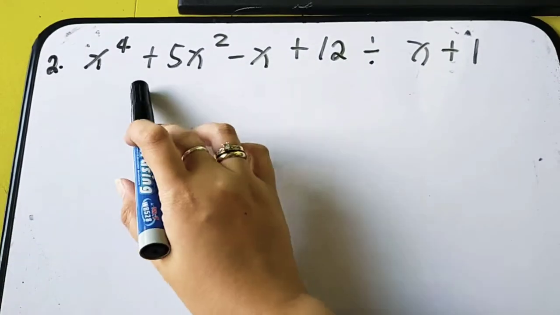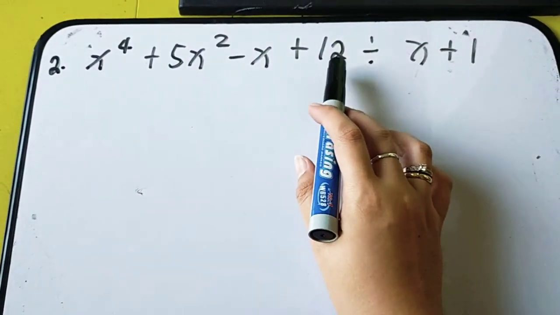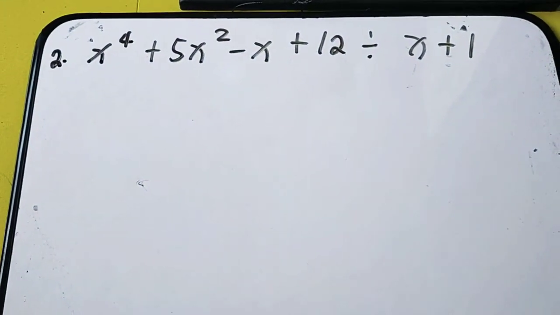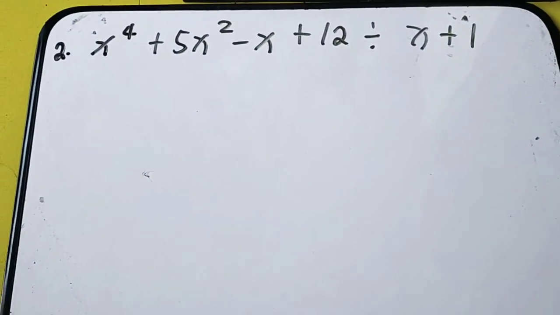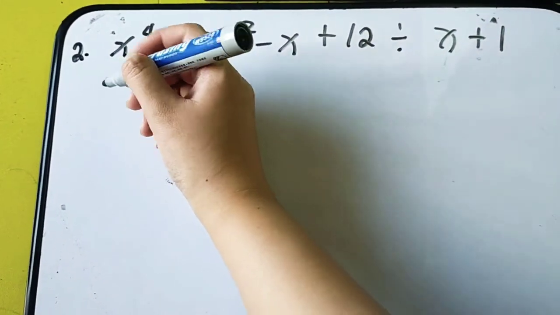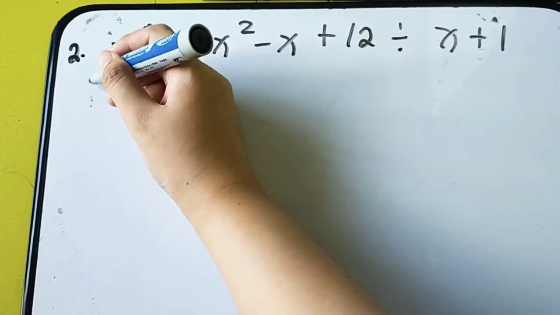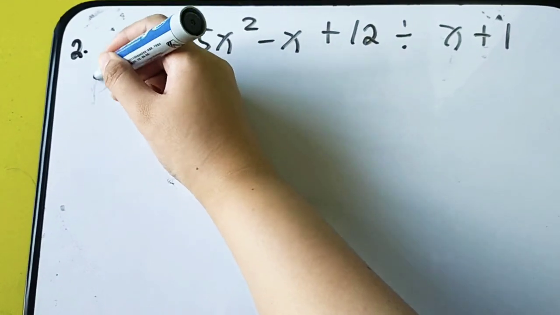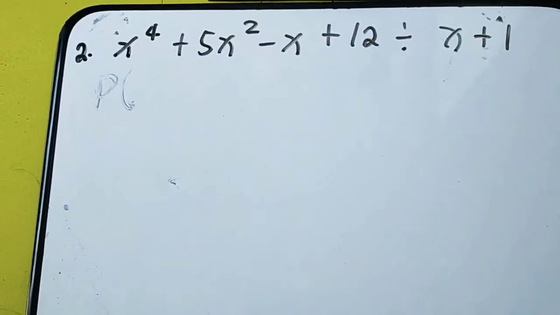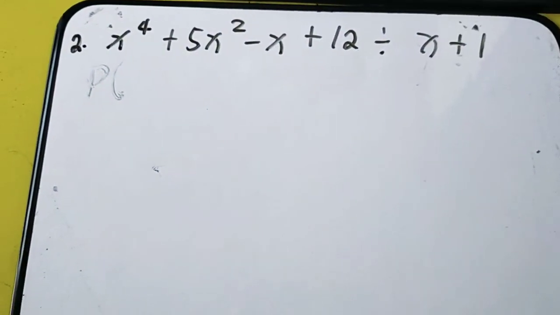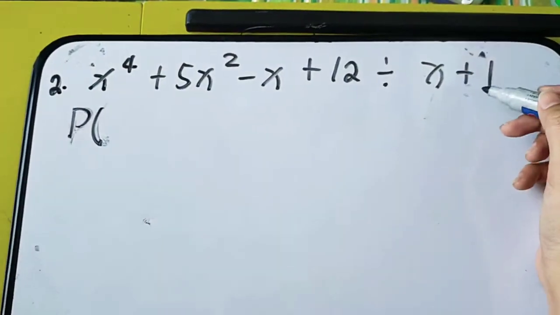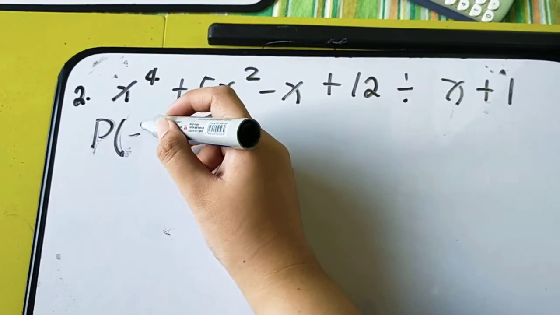So, we have x raised to 4 plus 5x squared minus x plus 12 divided by x plus 1. Let us find again the remainder. Let us have the remainder theorem. So, since remainder theorem, substitution yung gagamitin natin. So, p of ano ang ating gagamitin? P of, change the sign lang yan, negative 1.